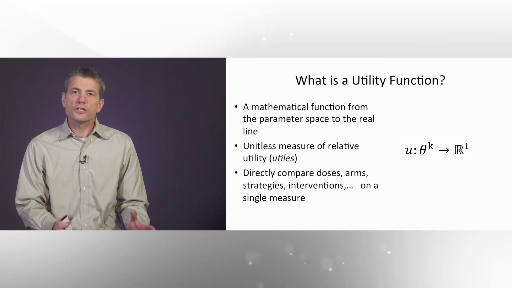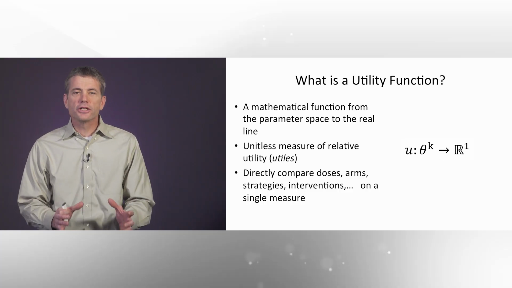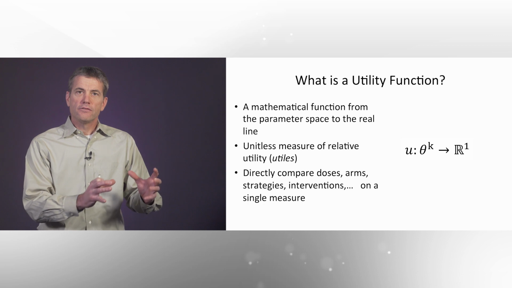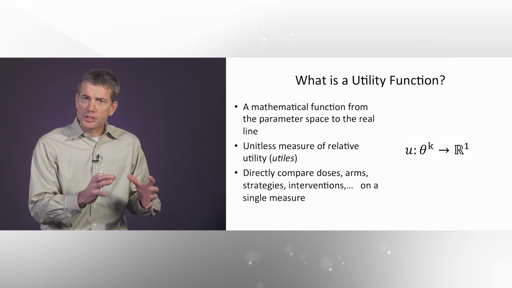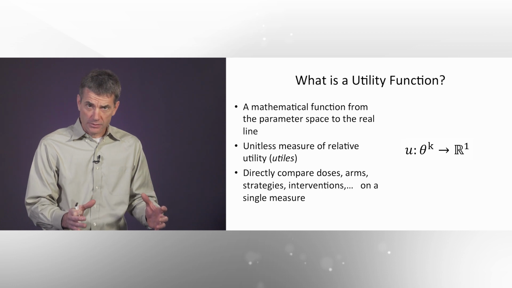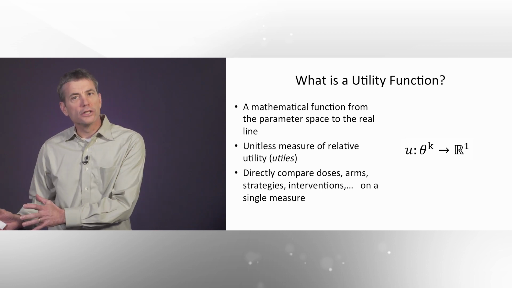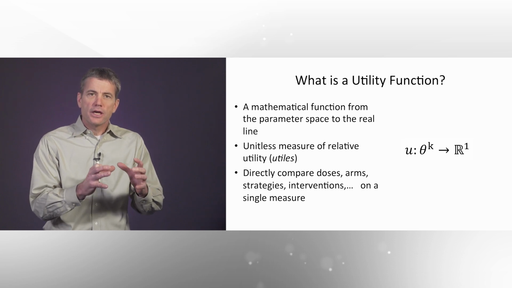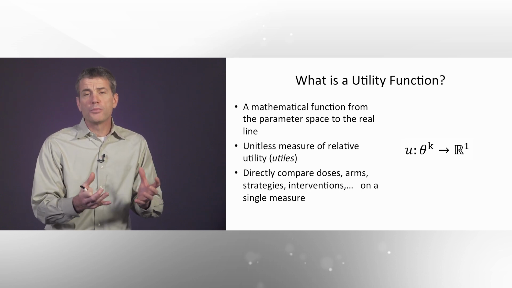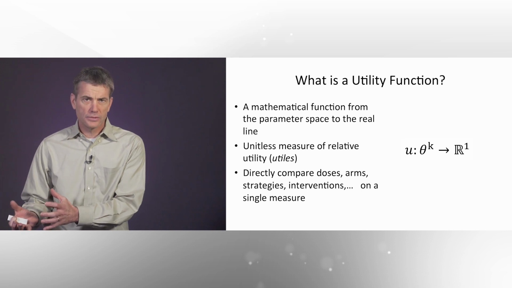So in this trial, we created a utility function. So what is a utility function? A utility function is a mapping from a set of parameters. So in this example, it could be the probability of these 7 outcomes, maps it to the real line. What is nice about this is it maps what could be multiple endpoints into a single measure.